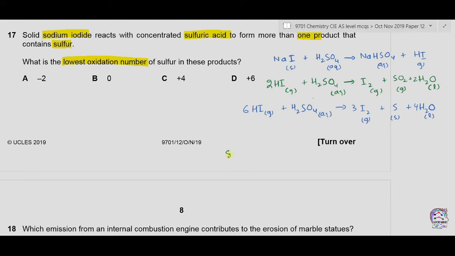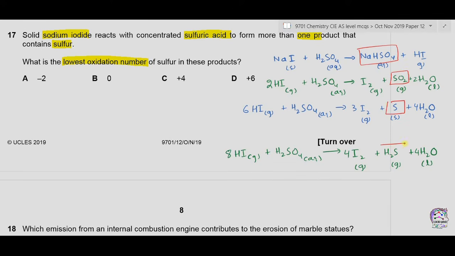Now hydrogen iodide can also react with sulfuric acid to form iodine, hydrogen sulfide and water. Now the sulfur compounds in these products are sodium hydrogen sulfate, sulfur dioxide, sulfur itself and hydrogen sulfide.